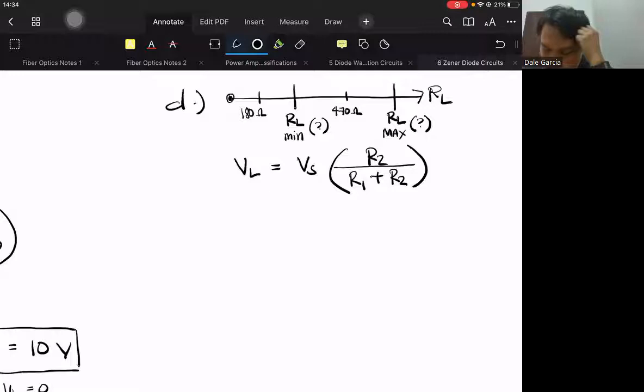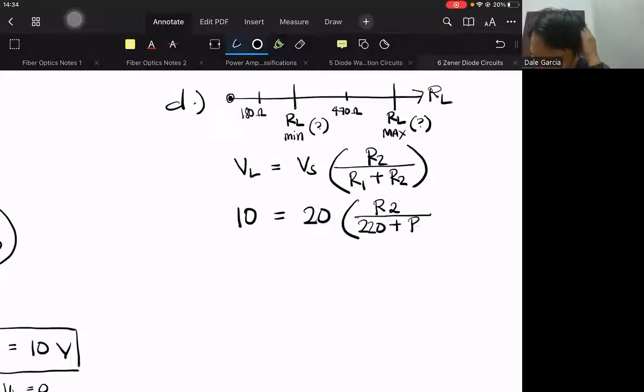Assuming the Zener diode is already on, VL is equal to 10 volts. 10 is equal to 20 times R2, which is RL, over 220 plus R2.